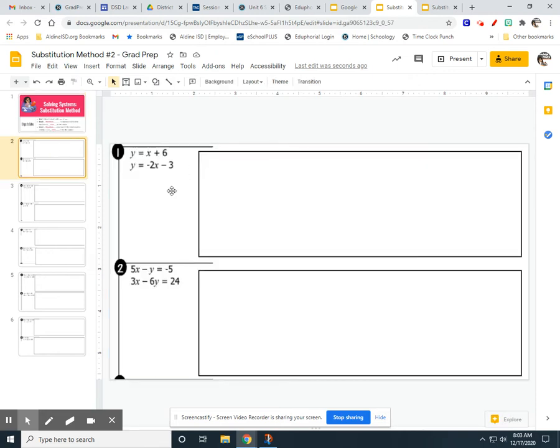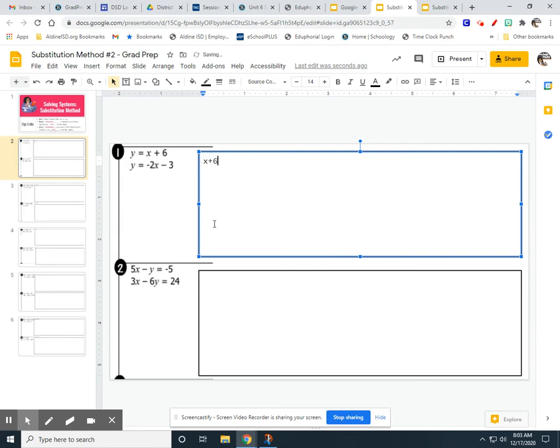So we're going to do all the odds and you do the evens. Both of these I already have in y equals, so we're just going to make them equal to each other. So 6x plus 6 equals negative 2x minus 3. I'm going to move the negative 2x over to the other side, so I'm going to put plus 2x underneath that.